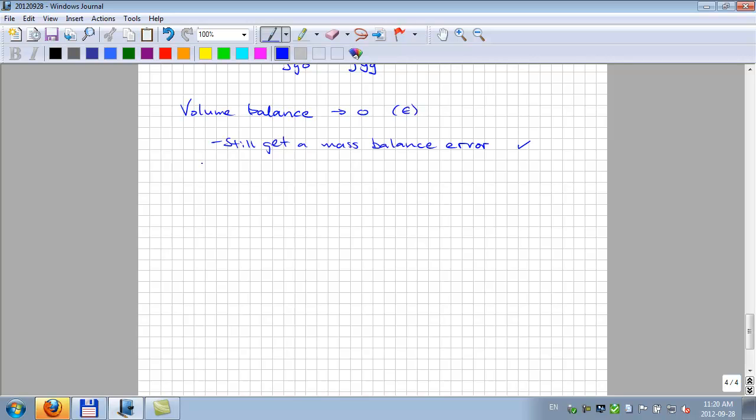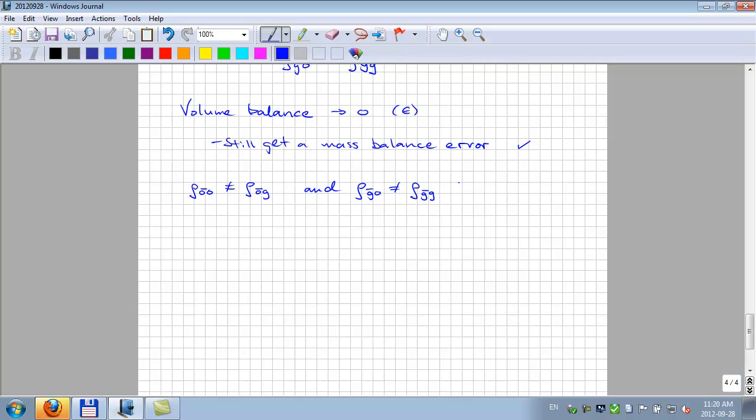But there's still a problem in that the fact that this is not equal to this and this is not equal to this.